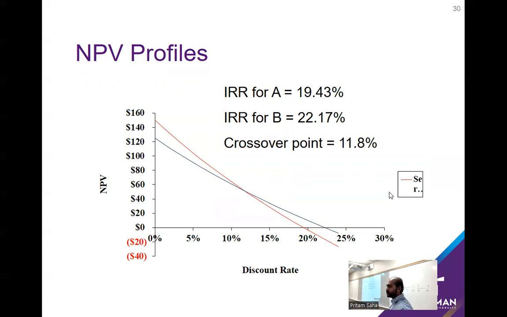That is the positive one you should choose, if your discount rate is in that range. And if your discount rate is after the crossover, you choose the other. Make sense?